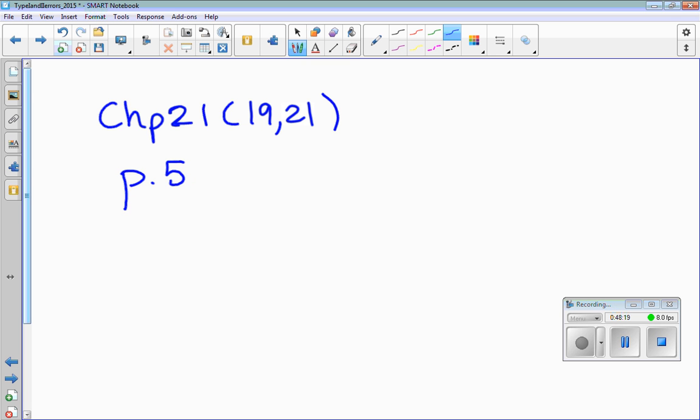And this review in the book does include the 2 proportion z-test, which we don't know how to do yet, so I just don't want to assign those types of problems, okay? But I think number 7 is a good problem to look at. Just double check. Okay. I only want to assign odds, right?